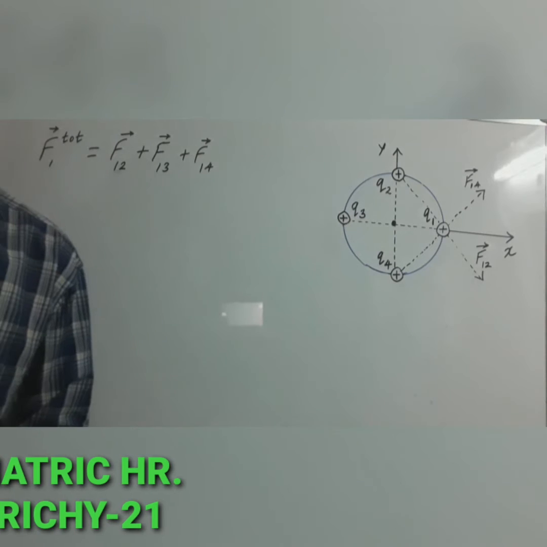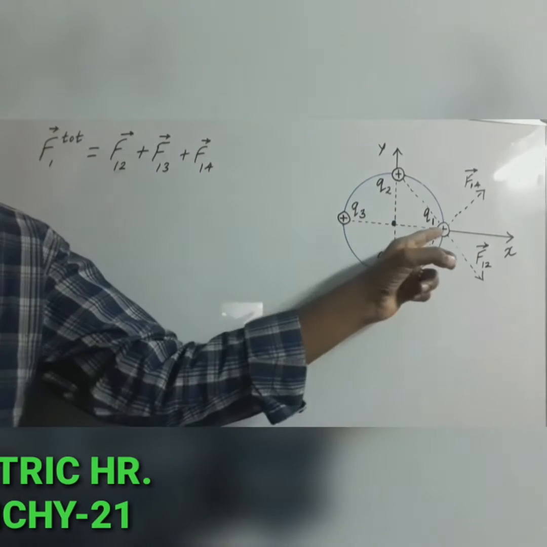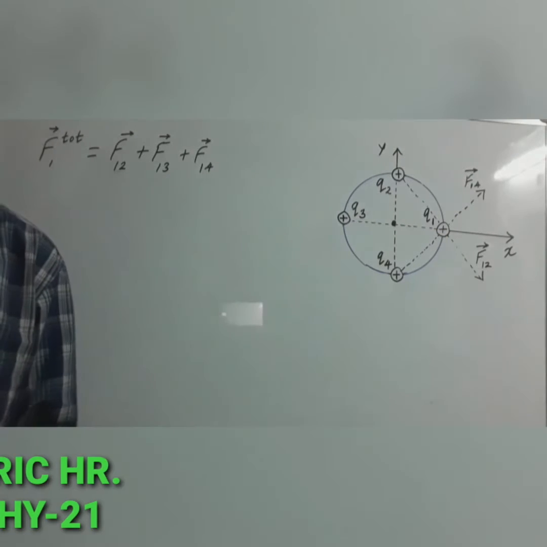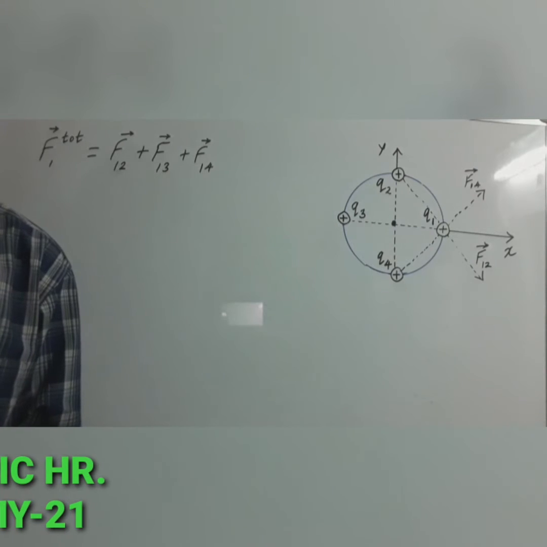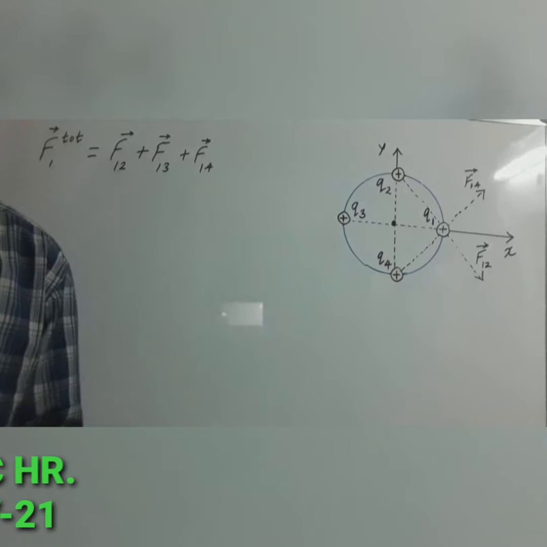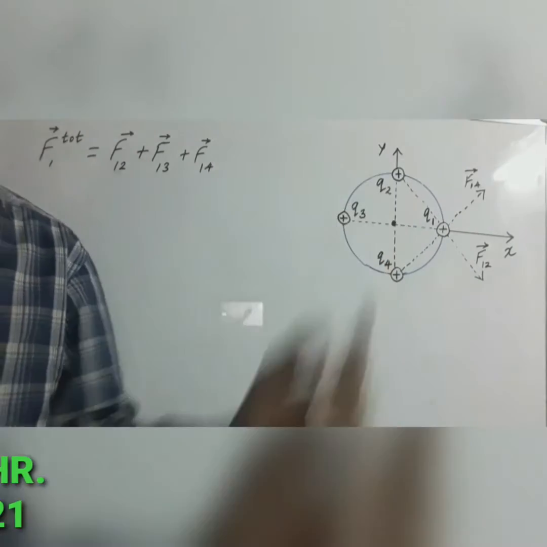But what about the charge Q3? The charge Q3 is located further away compared to Q2 and Q4. Since the magnitude of electrostatic force decreases as distance increases, the strength of the force given by the third charge is lesser than the other two forces.